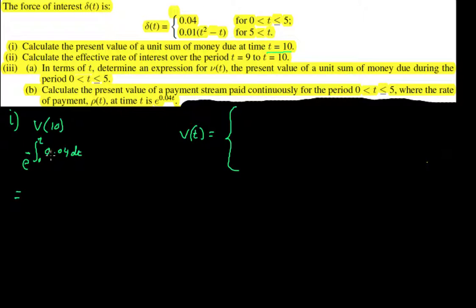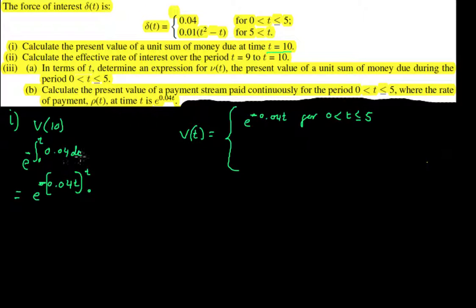And so then the integral of that is 0.04t, and that's e to the negative 0.04t. And so normally we'd be subbing in our values of t and 0. When we sub in t, we get that. When we sub in 0, it's all 0. So in fact, it is e to the negative 0.04t, and that is for 0 is less than t, which is less than or equal to 5.